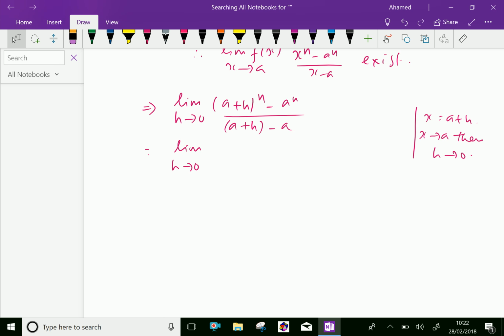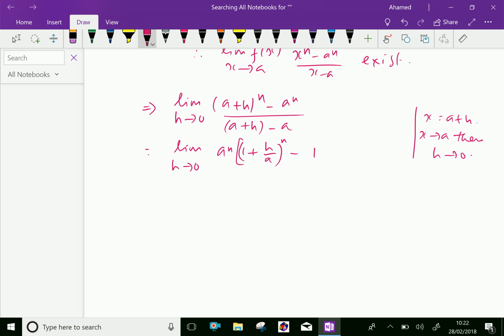First, we take a^n out. After that, instead of a^n we have (1 plus h over a) to the power n, minus 1.